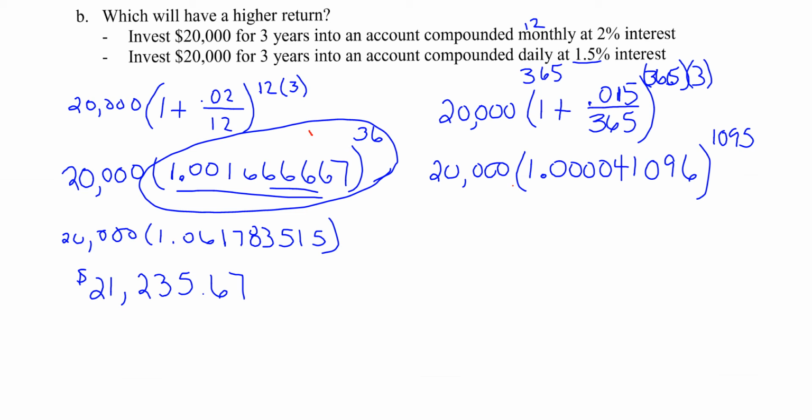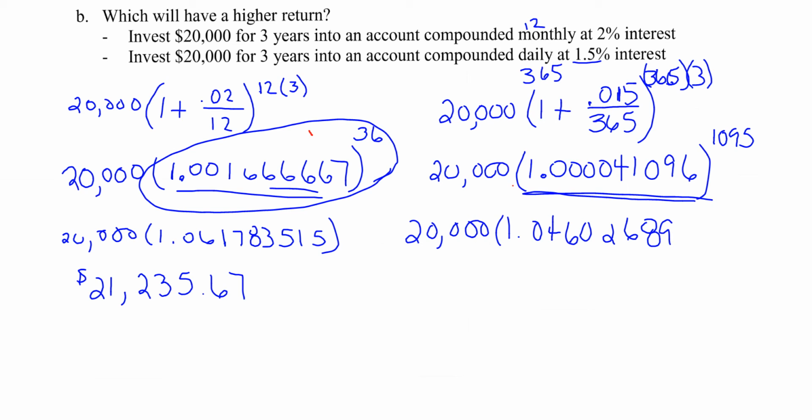So when we raise this to our exponent, we'll get 20,000 times 1.046026893, and then when we multiply, we get $20,920.54.